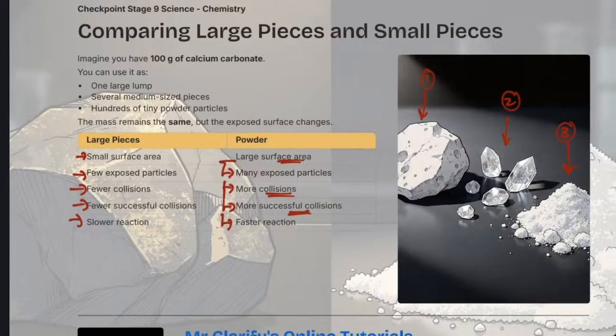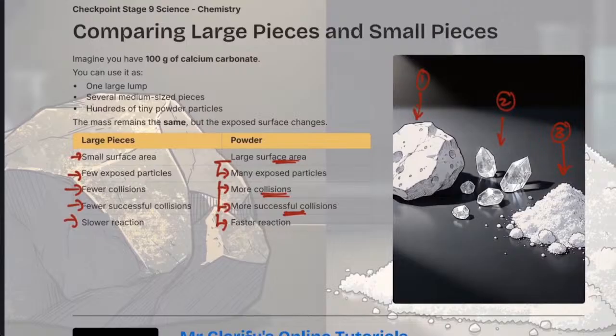So your surface area is small. But tiny pieces, powder, has a larger surface area because pretty much everything is exposed. There are many more exposed particles. Are we together? And when you have more exposed particles, you have more collisions, you have more successful collisions, a faster rate.